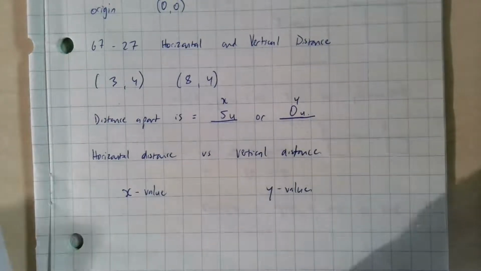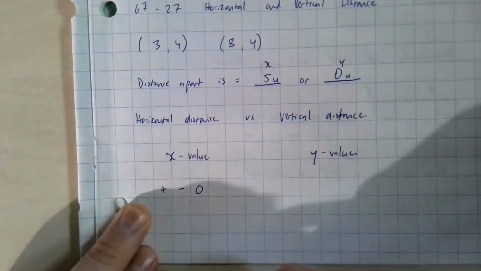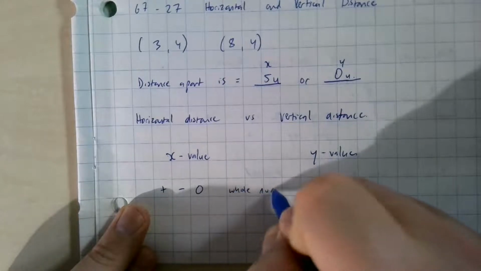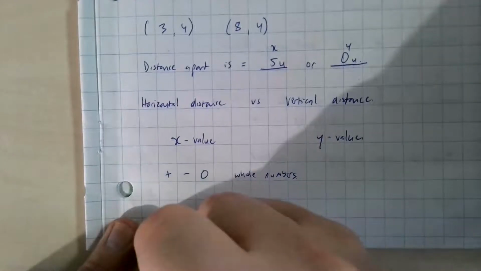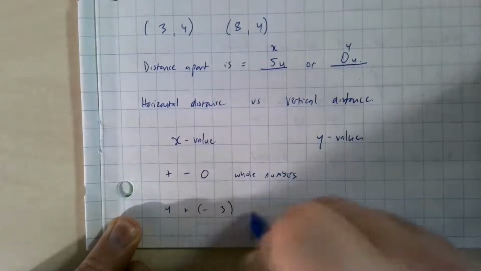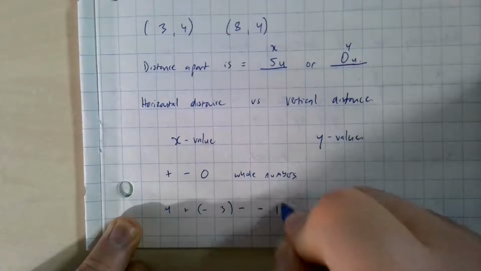Now we're going to start coming into the integers idea again. Remember, an integer is either a positive number, a negative number, or the value of 0. But at the end of the day, they all must be whole numbers. Now, when we have integers that interact with each other, adding and subtracting, say you have something like 4 plus negative 3 subtract -1.